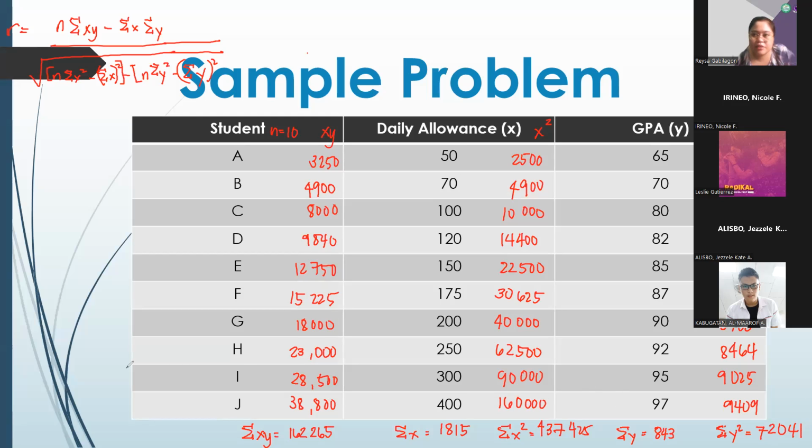So I think we have completed the needed data, and we may now start with our computation for the R. So n is 10 multiplied by the summation of xy.